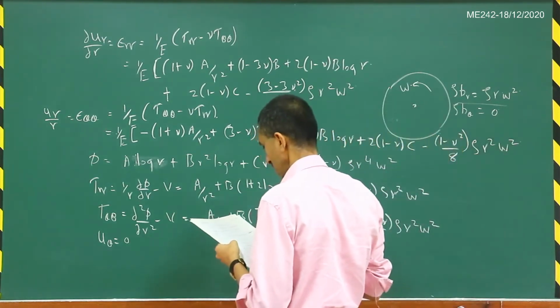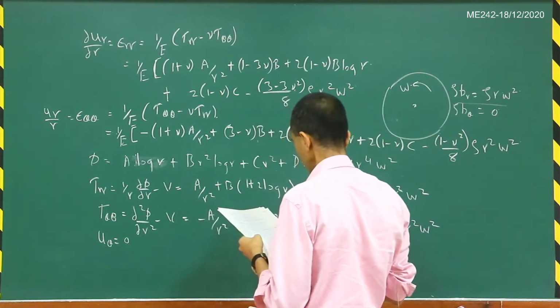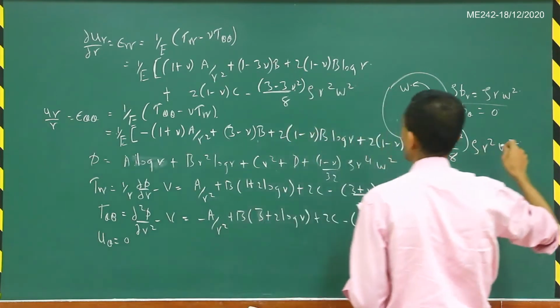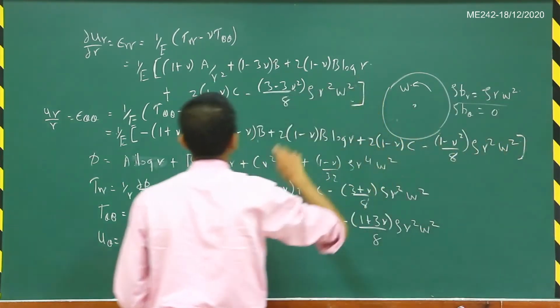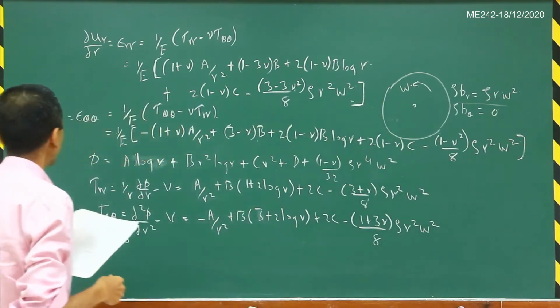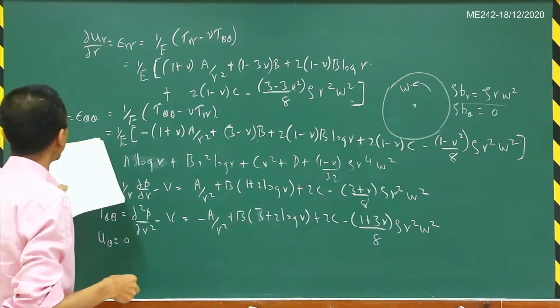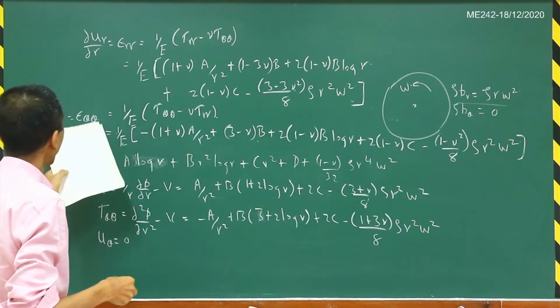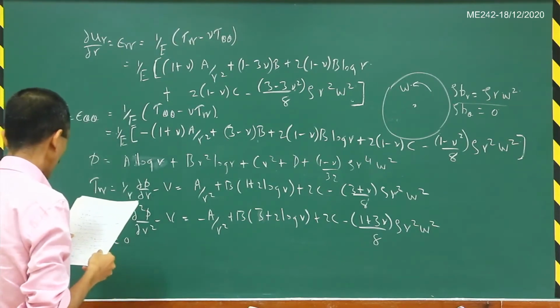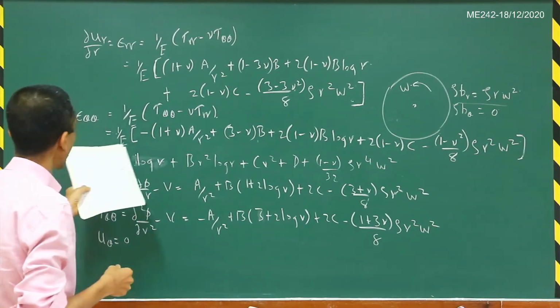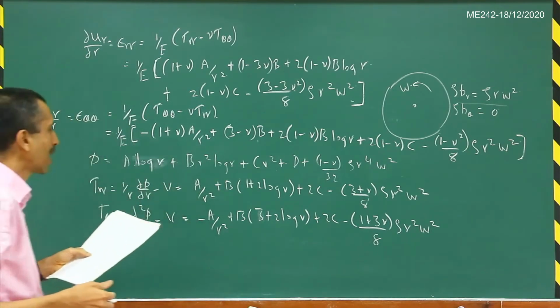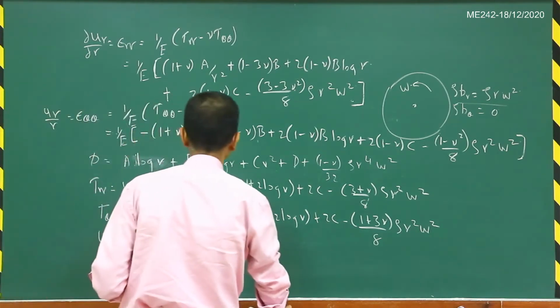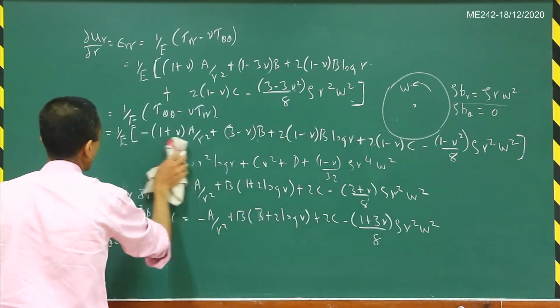Okay, so this is the expression for epsilon r and epsilon theta, and from this we can directly find out u r, because we just multiply this whole thing by r. So let us write that.